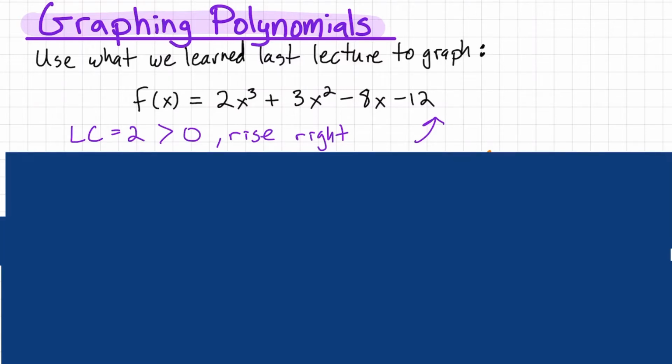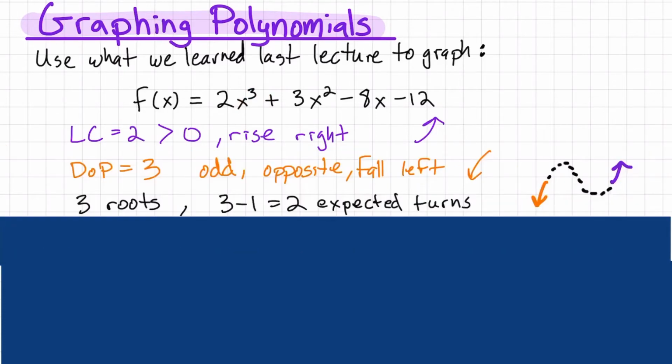But more importantly, since this is odd, when we go to the left, it's going to be opposite of what's happening to the right. So we are going to be falling to the left. So here we have all these things. The degree of the polynomial is 3. It's going to fall to the left. We have 3 roots, so we expect 3 x-intercepts, and we expect 2 turns. And then as a rough sketch, it looks like this. And so that's what we talked about last time.